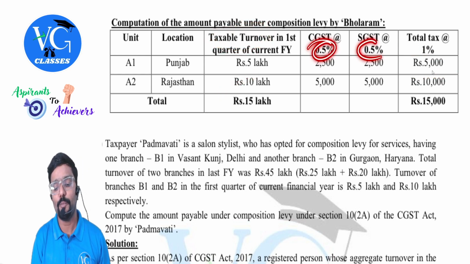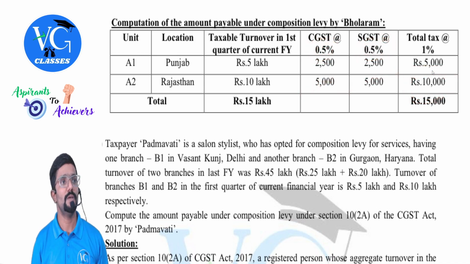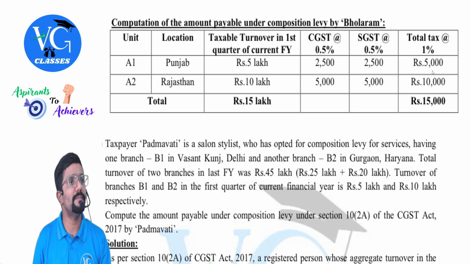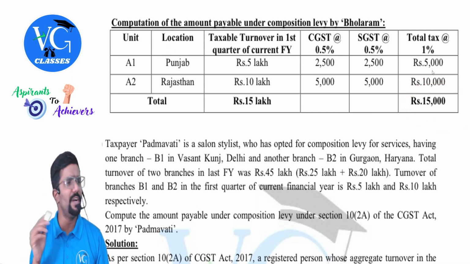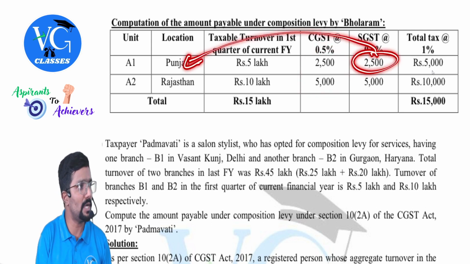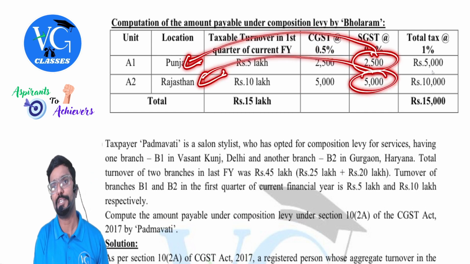So 0.5% of 10 lakh comes to 5,000, 5,000. Total is 10,000. So totally how much GST should he pay in the first quarter? 15,000. Got it? See, this amount has to go to central government, whereas 2,500 will go to Punjab government, 5,000 here will go to Rajasthan government, state governments.